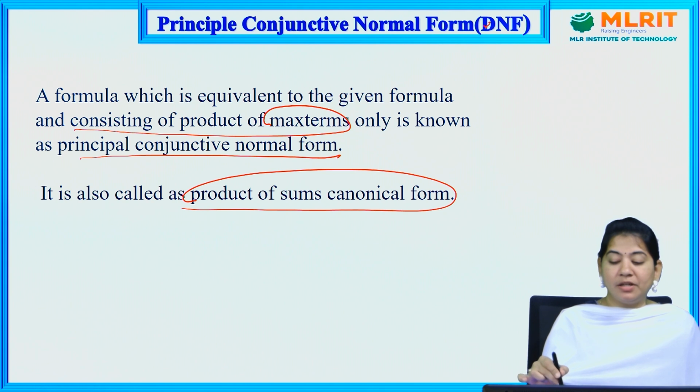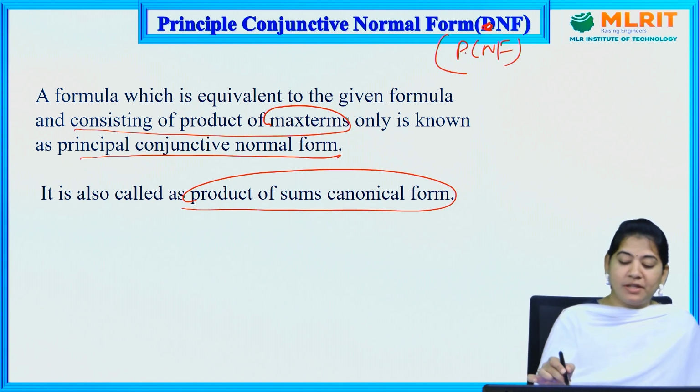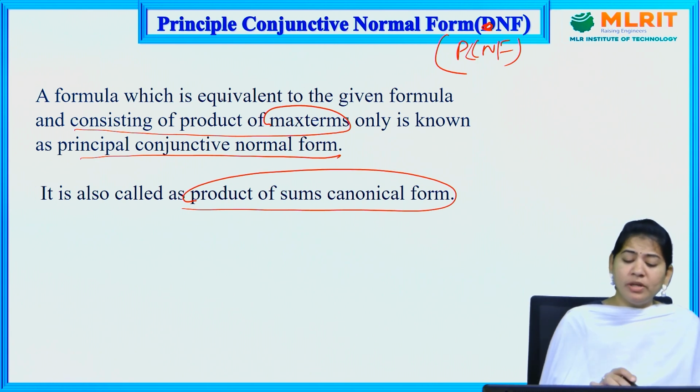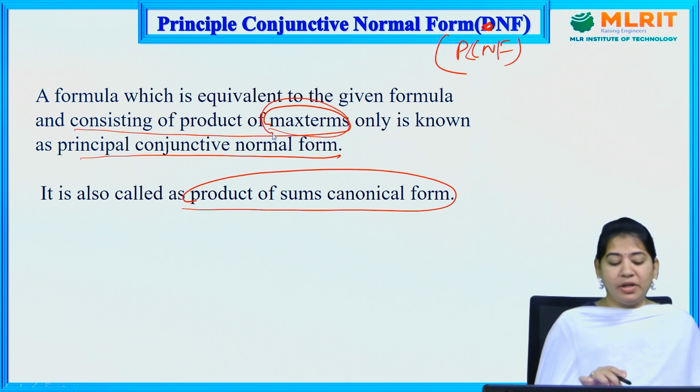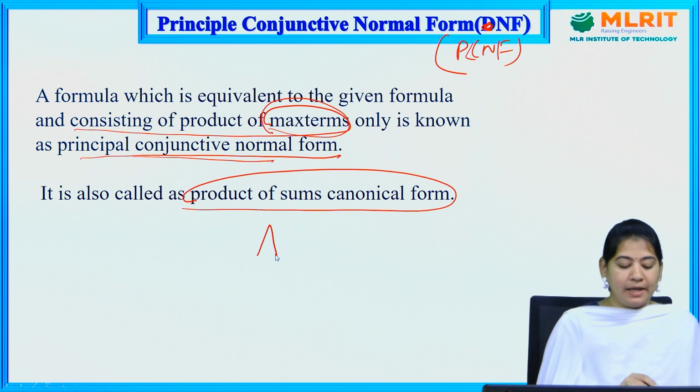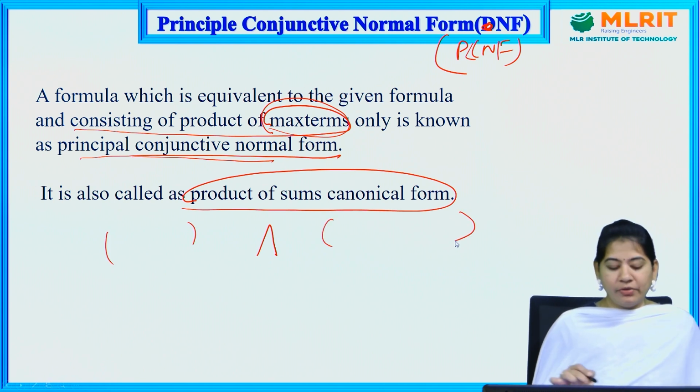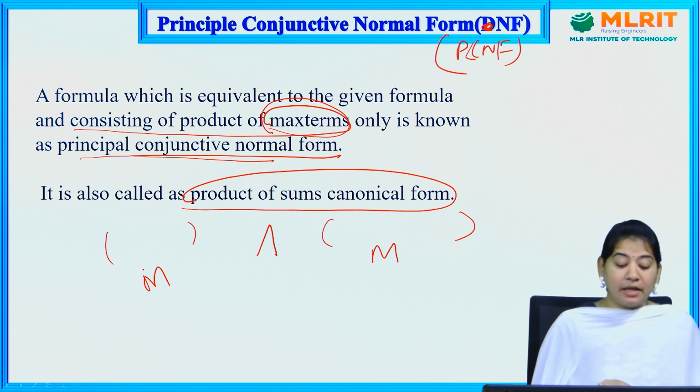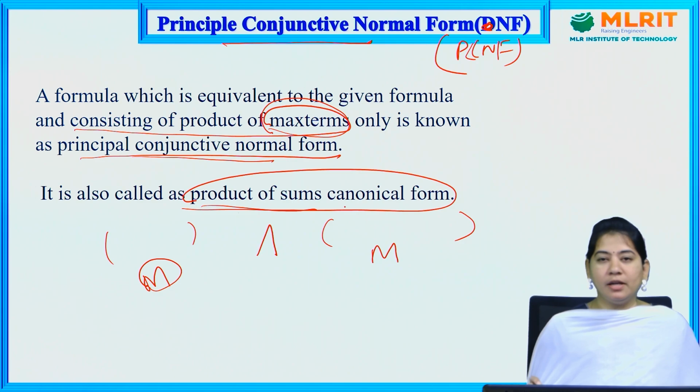This is actually PCNF, not PDNF; by mistake it was written that way here. So your product should be there and on the other side you should have max terms. What are max terms? A sum of the variables, not accepting a variable and its negation. We can also write the principal conjunctive normal form as the product of sums canonical form.